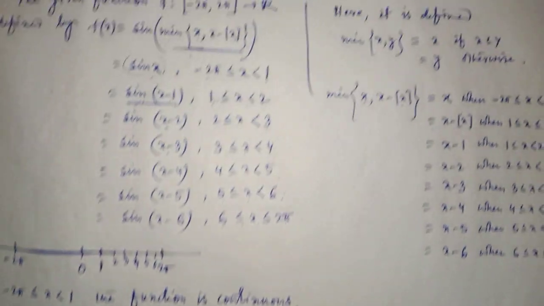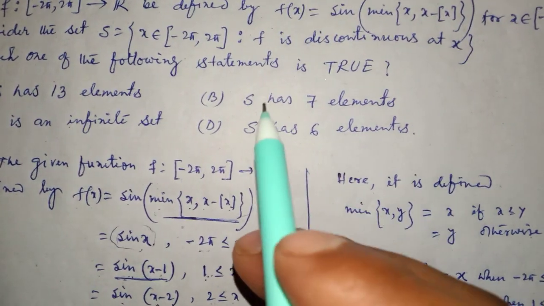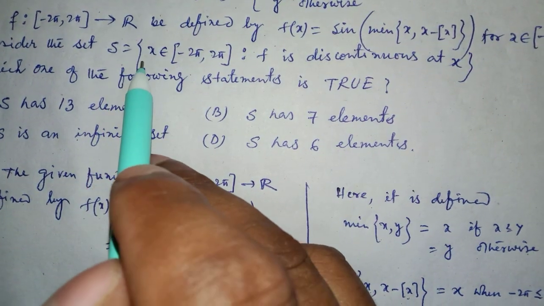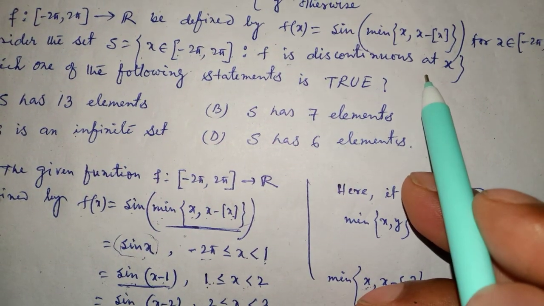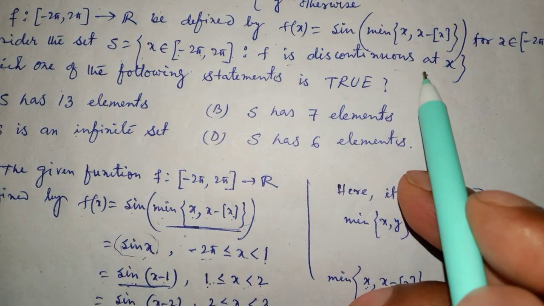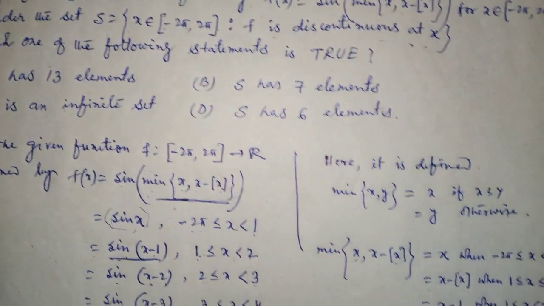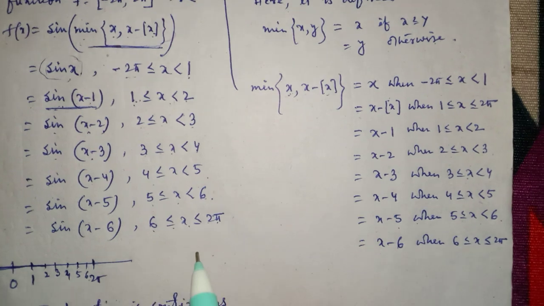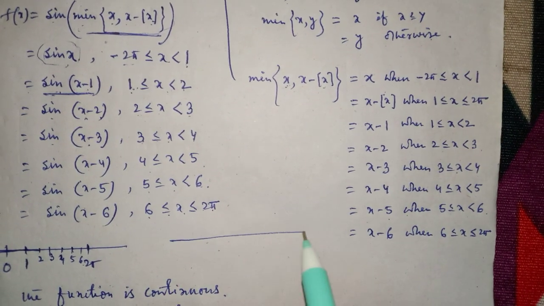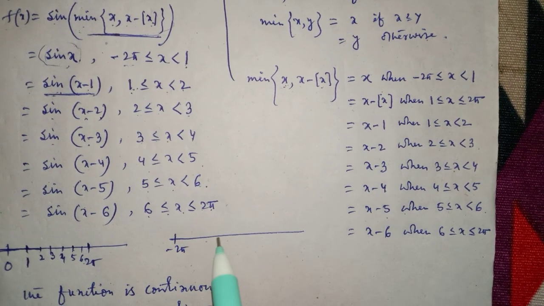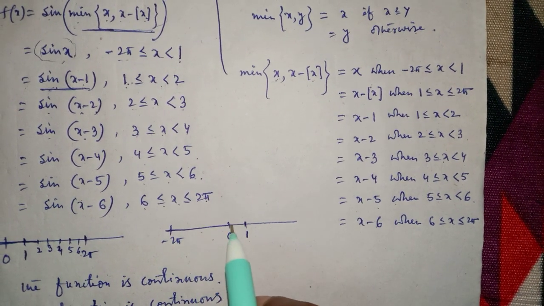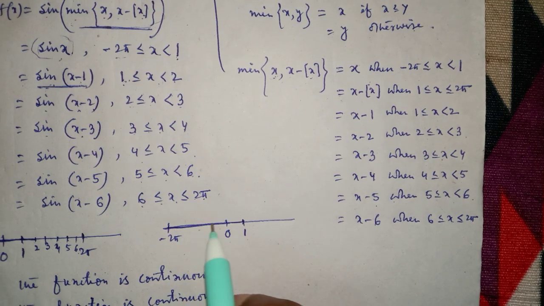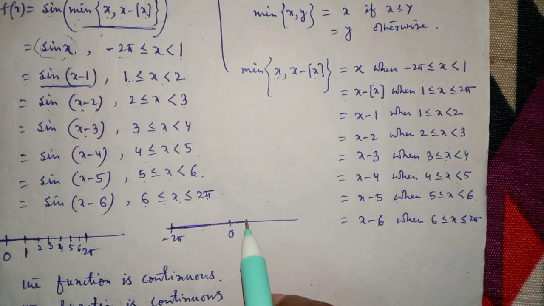Therefore the cardinality of the set S, where x belongs to minus 2 pi to 2 pi and f is discontinuous at x. We see that the function from minus 2 pi to 1 is continuous because here the function is sin x.